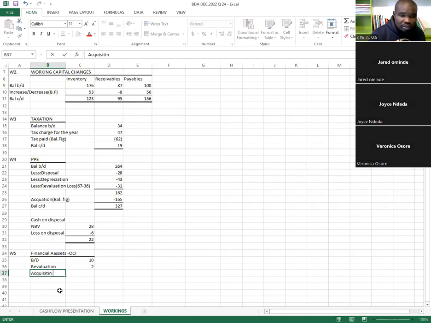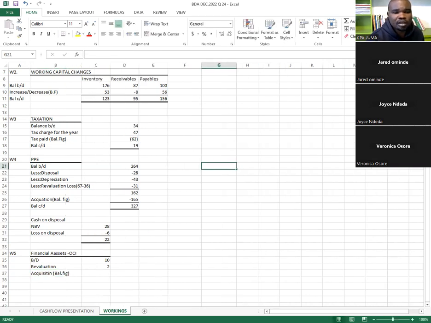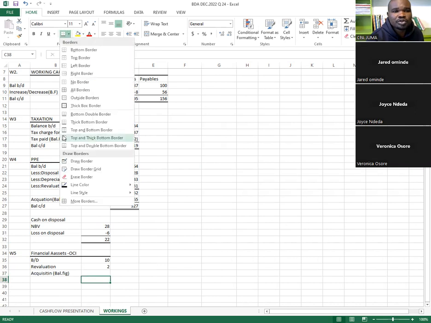Then acquisition. Acquisition is the balancing figure, BF. The balancing figure, which we don't know, but they closed with the 22.